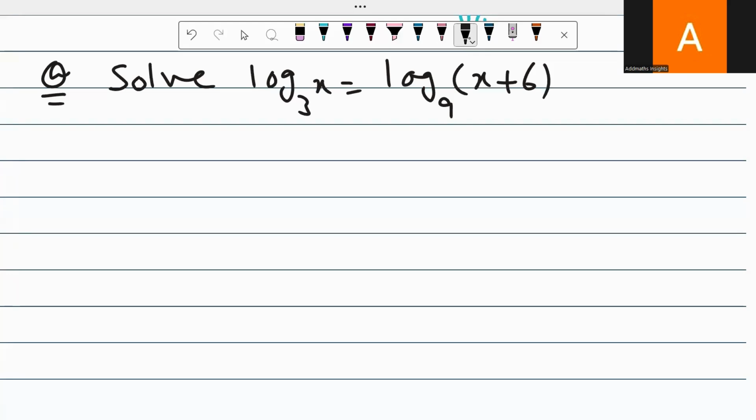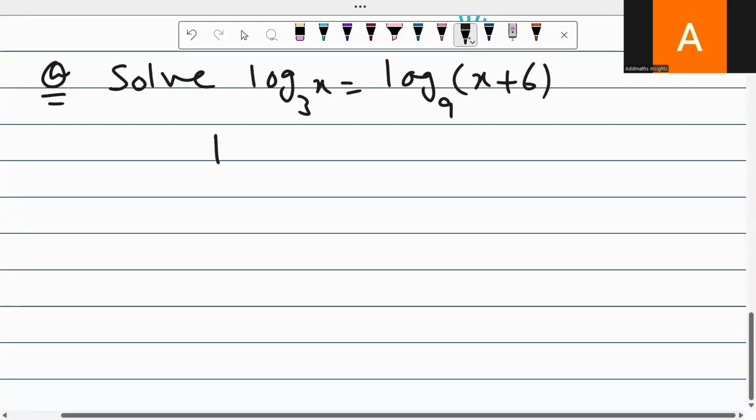You can write here log 3x is equal to, we apply, we change 9 into base 3. So let me highlight this. We are changing this 9 into 3.